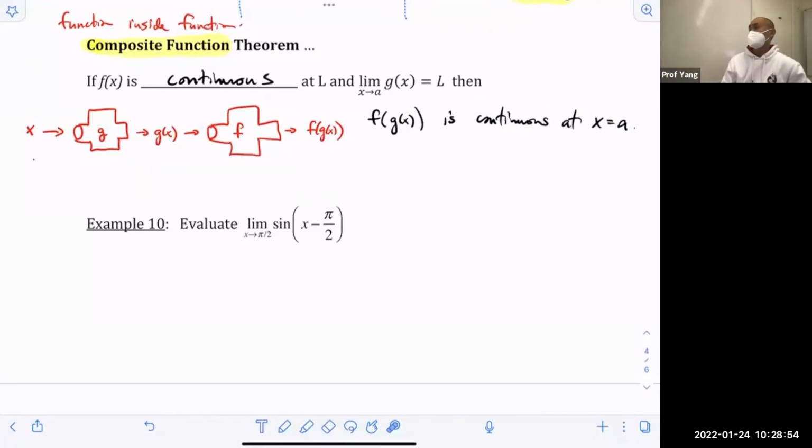Okay. All right. So I'm going to show you how to evaluate this limit right here. This example 10 is going to involve this composite function theorem.